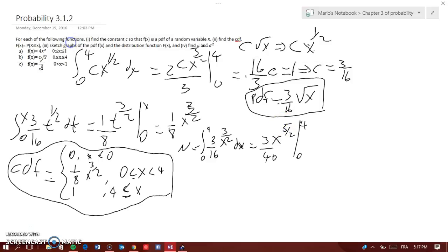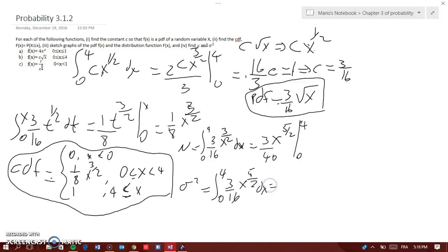And now the variance, which is sigma squared, is when you take f of x times x squared. So you have 3 over 16 times x squared times x to the power of half, which is x to the power of 5 halves, dx.